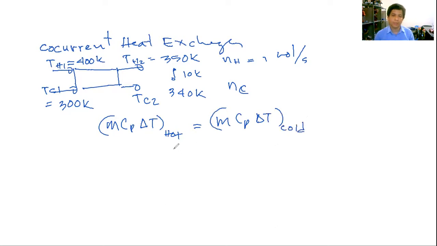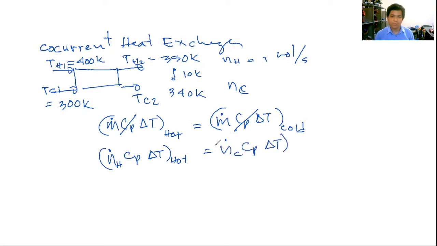That's logical. Tapos, parehas naman yung kanilang specific heat, so we can cancel this out. Actually, this is M dot. So mas eksakto is N dot H, Cp delta T ng hot ay equal sa N dot C, Cp delta T ng cold.